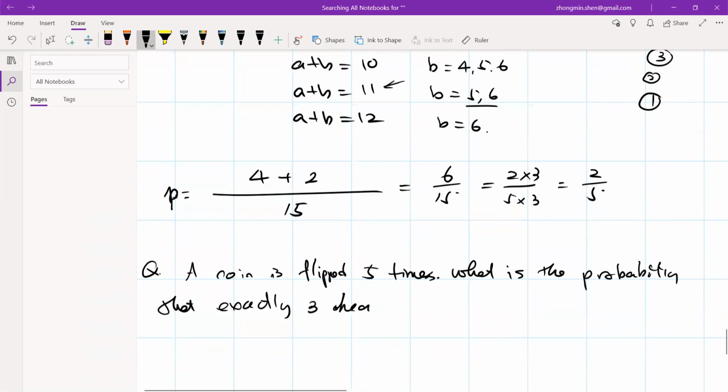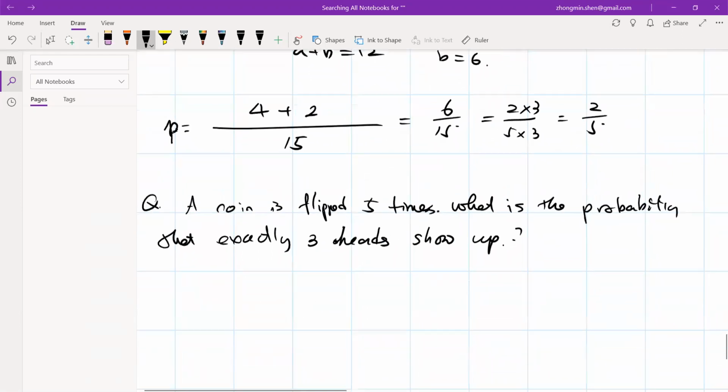Exactly 3 heads. So I just want to get 3 heads.